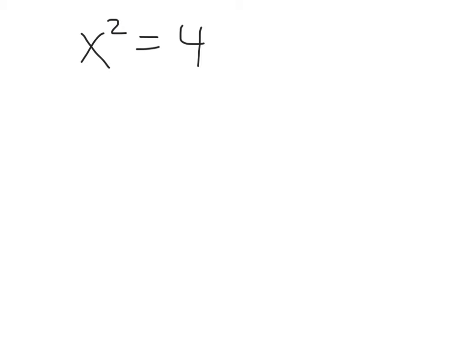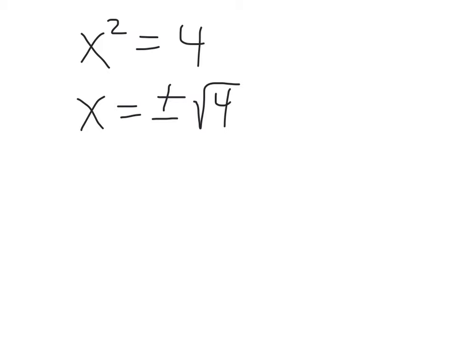If we have x squared equals 4, the perfect square, we could say x is going to equal what? Okay. Now, not just the square root of 4, but positive or negative square root of 4.